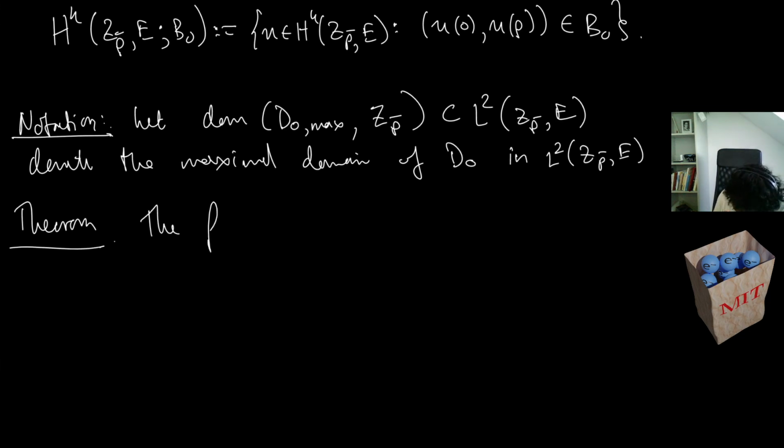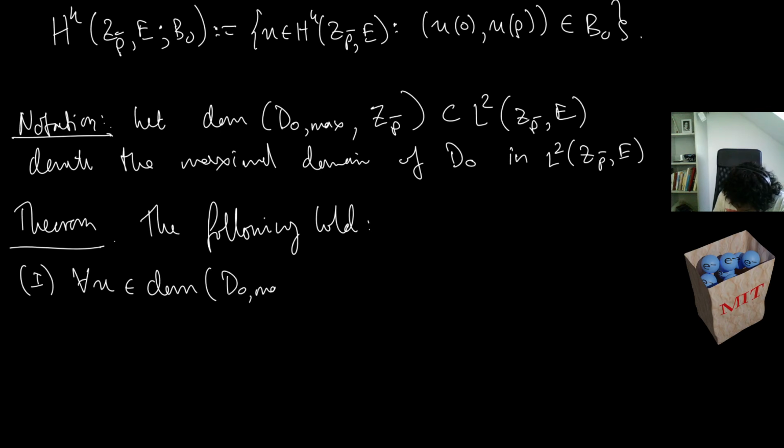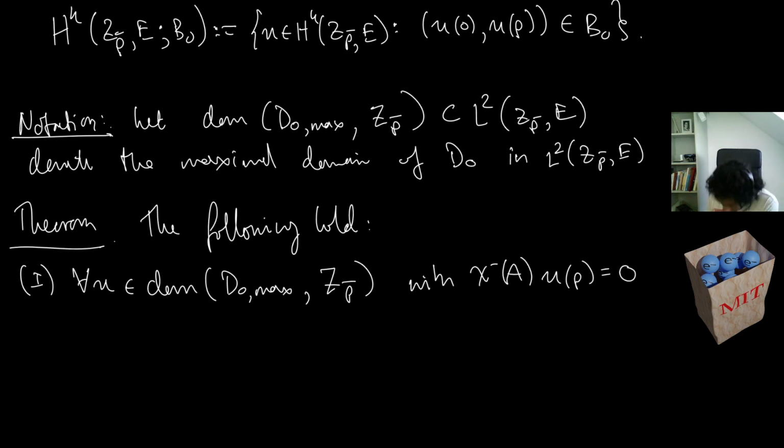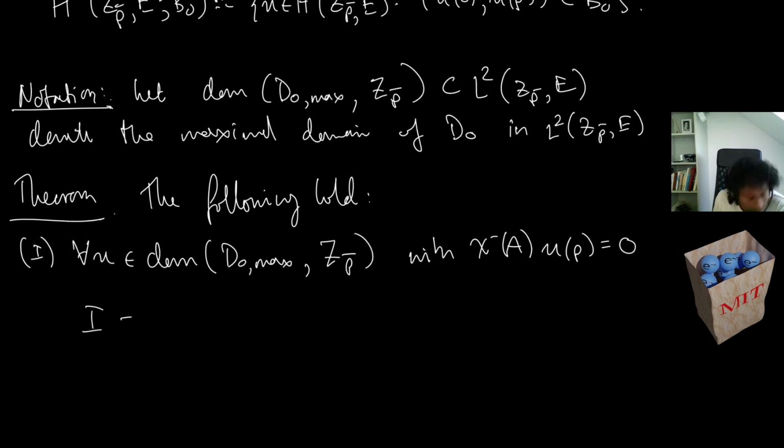The following hold. So for all u in dom D naught max Z rho bar with chi minus of A u rho equals 0, I minus S naught sigma naught inverse D naught u of t dot, which is what?